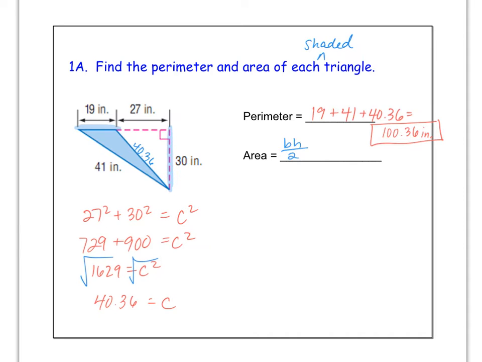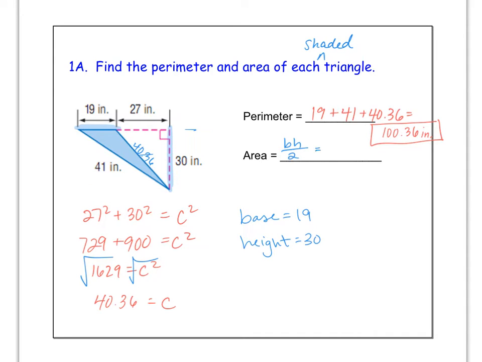Imagine if you take that 30, the height from here to here, if I take that 30 and I move it over, that's the height of that triangle. So the base is 19, the height is the 30. I think you should write that down because I think in this particular problem, it's kind of hard to tell that. So it's good to have it written down.